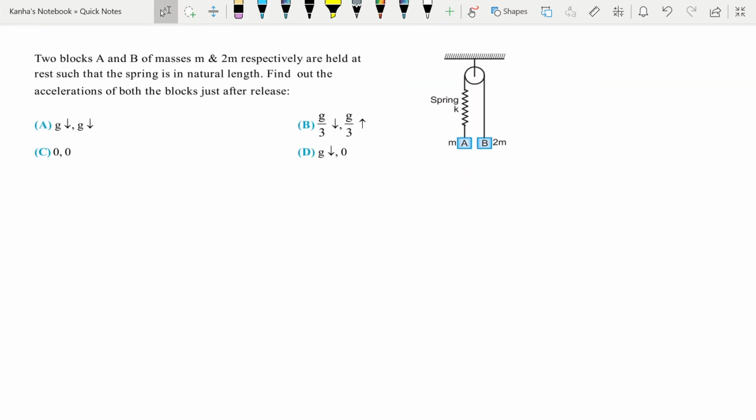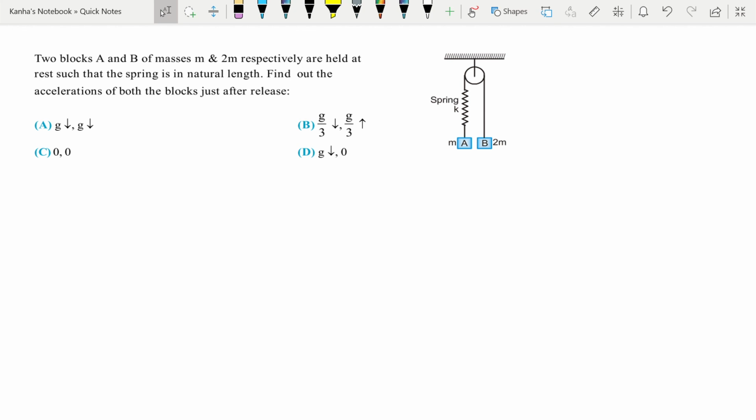Two blocks A and B of masses m and 2m respectively are held at rest such that the spring is in natural length. Find out the acceleration of both the blocks just after the release. In order to do that, let me make the free body diagrams of both the blocks.